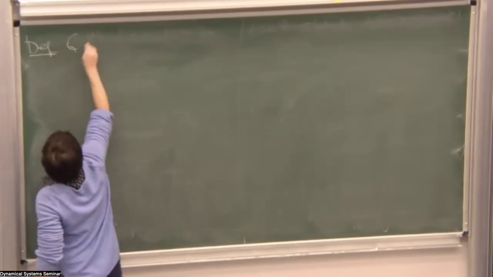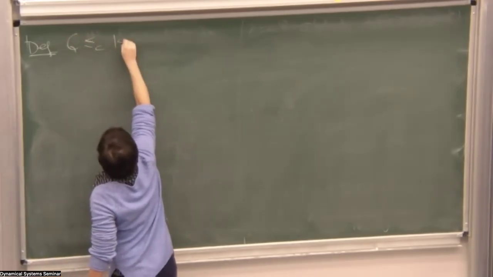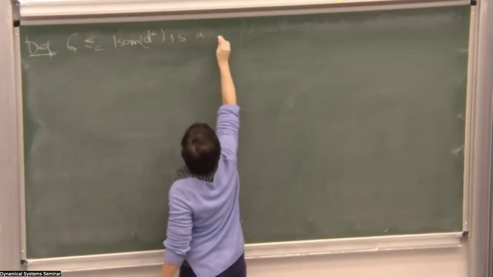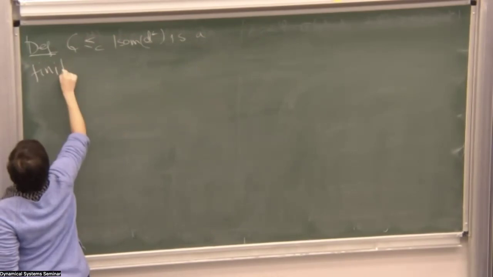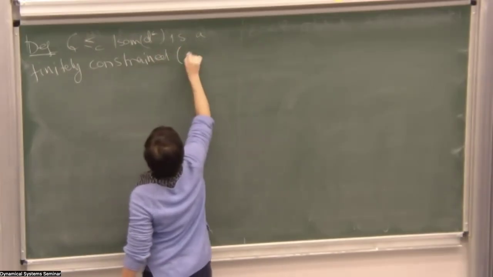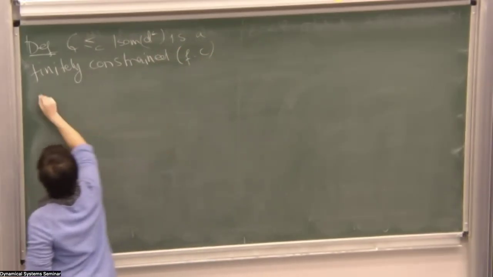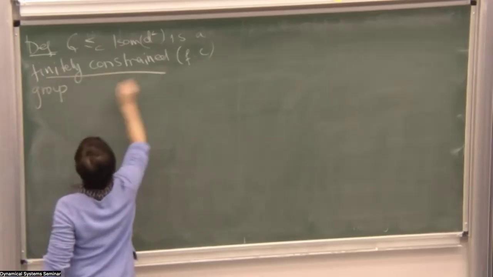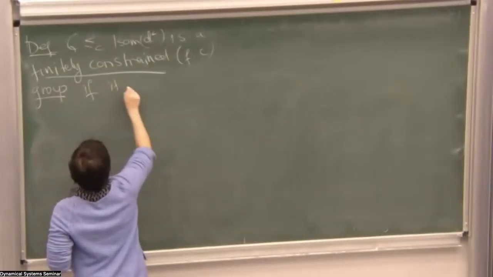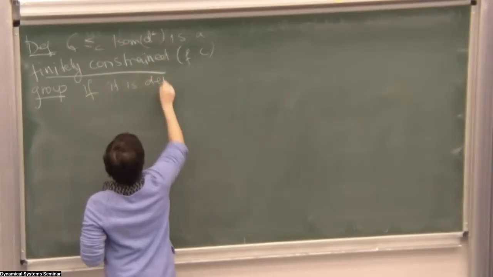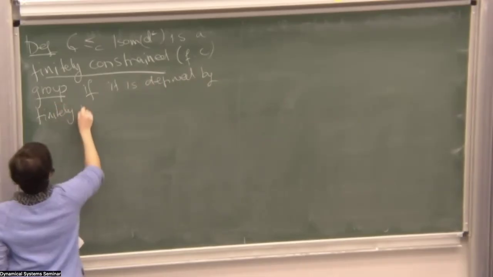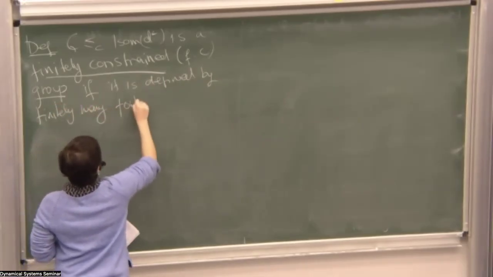So say that a closed subgroup of Isom D star is a finitely constrained group, and I'll abbreviate this to FC group, if it is defined by finitely many forbidden patterns.